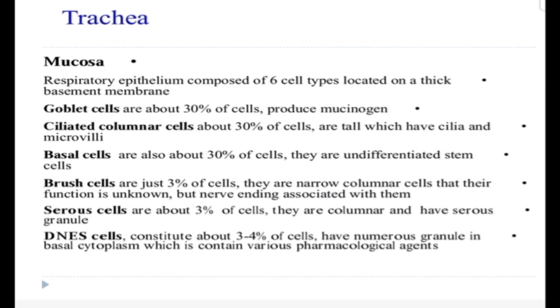Then we have small granule cells, which belong to the DNES, the diffuse neuroendocrine system of cells. They constitute about 3 to 4% of the cells, and they have numerous granules in the basal cytoplasm, which contain various pharmacological agents, that is, hormones.